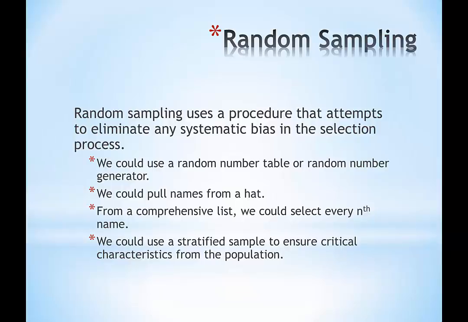Now I want each male to have the exact same probability of getting into the study as every other male, and I want each female to have the exact same probability of getting into the study as every other female. But when it's all said and done, I can stratify on gender to ensure that my sample looks like the population with regards to that gender variable.